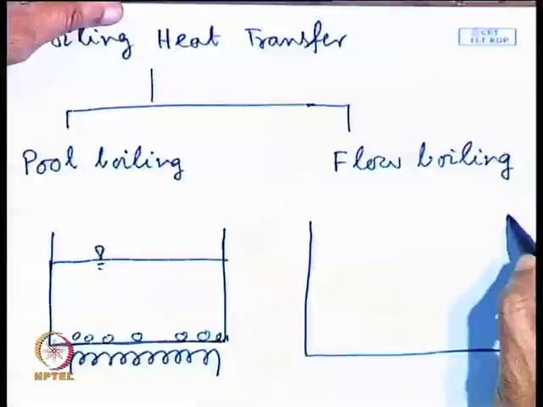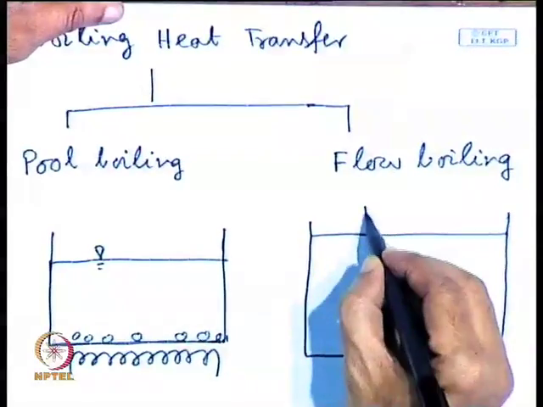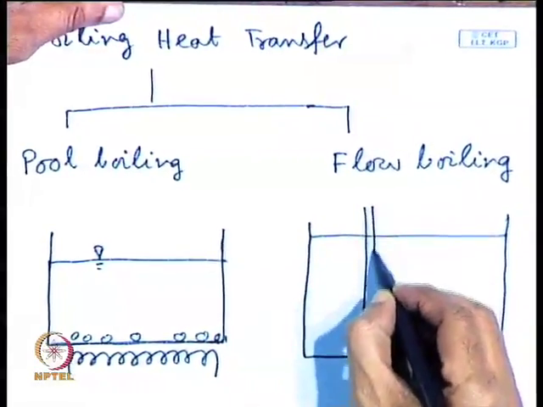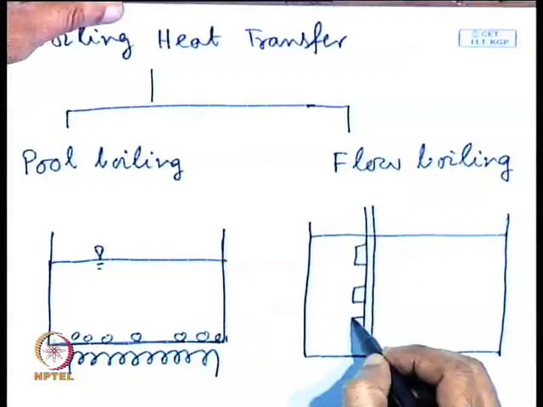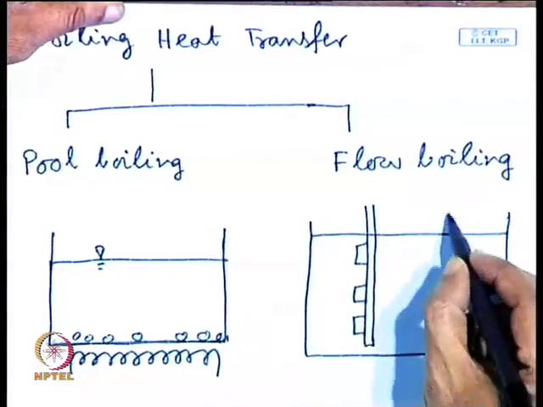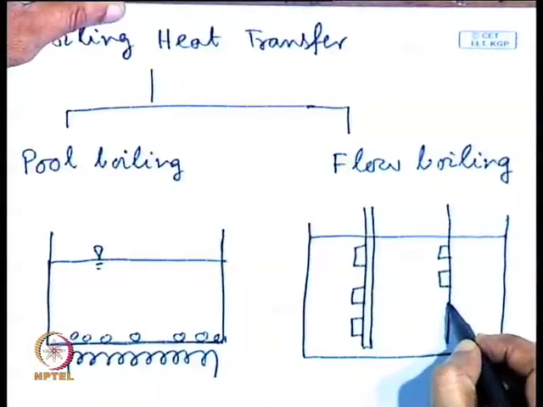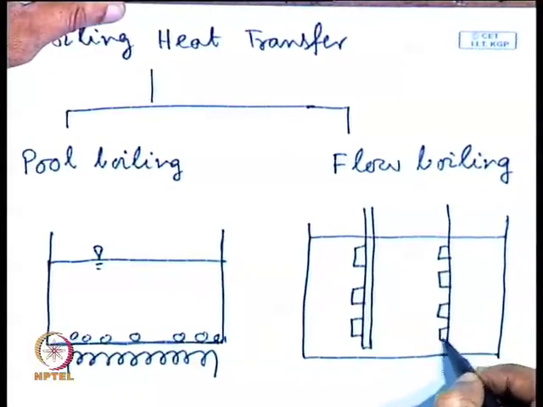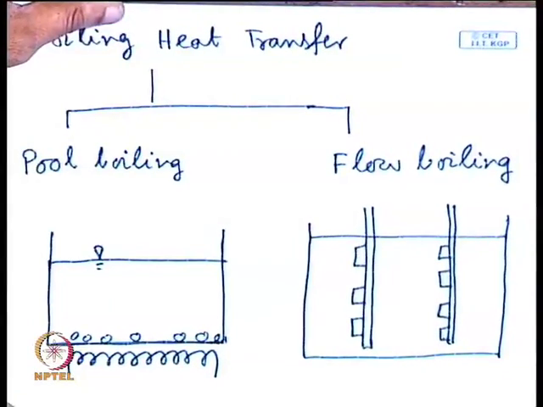Like, there could be a scheme of cooling electronic components. Let us say these are electronic components which are generating heat and they are immersed in a large pool of liquid. Here also a very large amount of heat transfer will take place due to boiling.